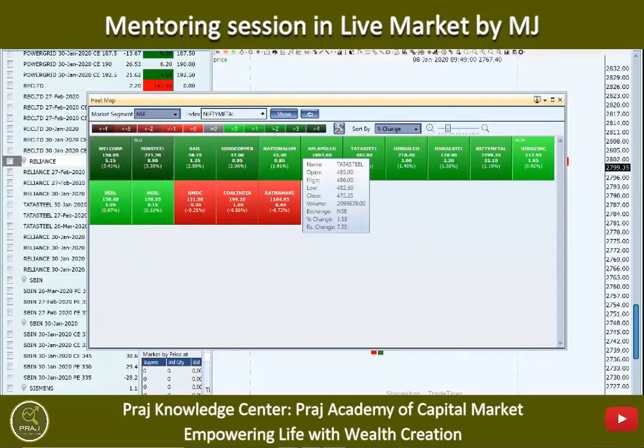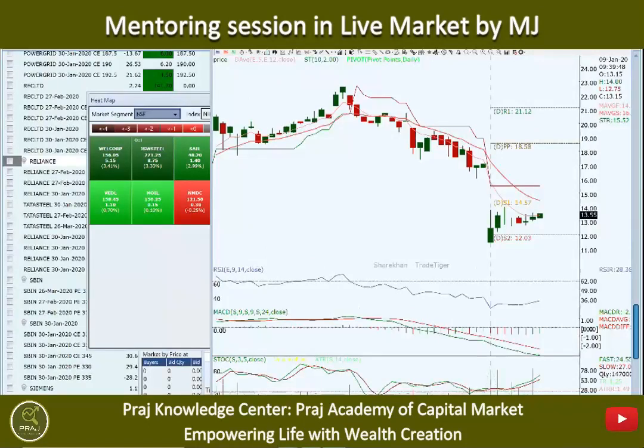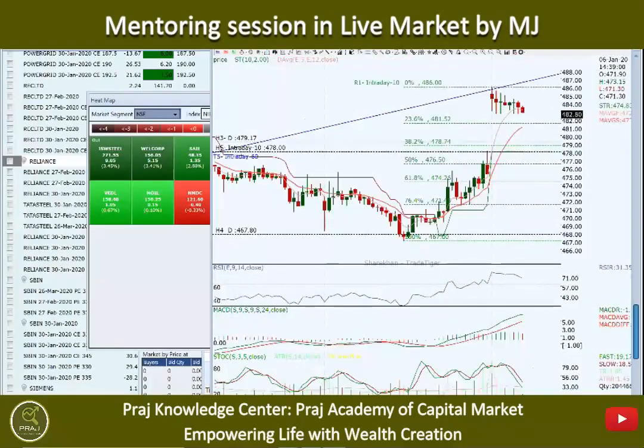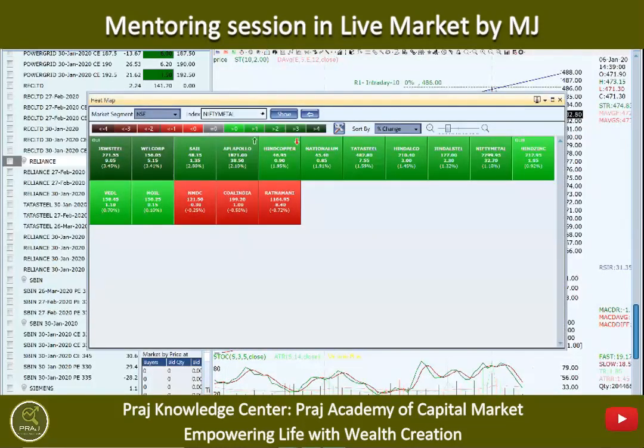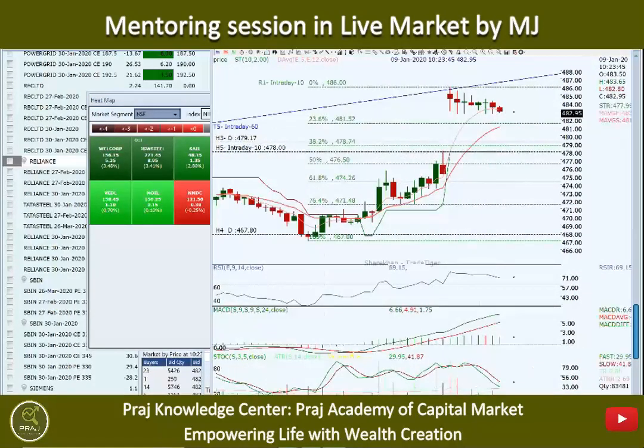And the best part is you can also open your chart from here. Let's say अगर आप टाटा स्टील को क्लिक करेंगे तो your chart will open. Although my chart is already open there that side. तो आप डायरेक्टली भी कर सकते हैं. So Tata Steel is coming slowly down to fill up the gap.